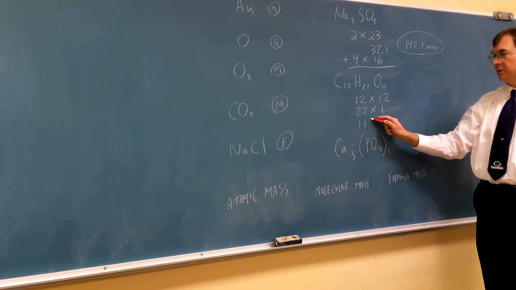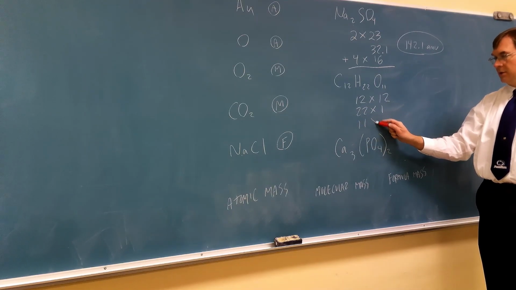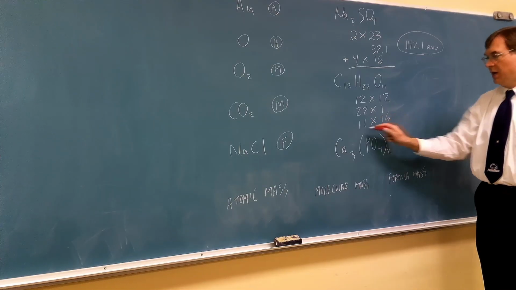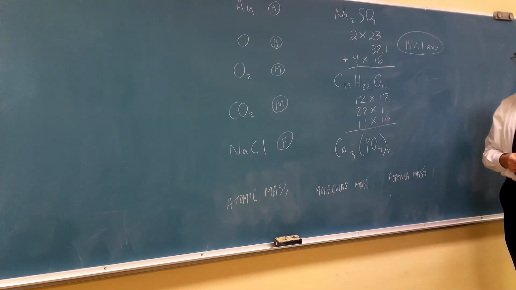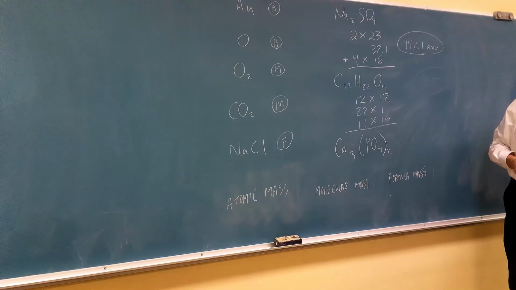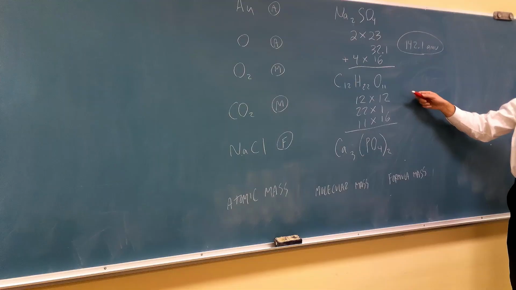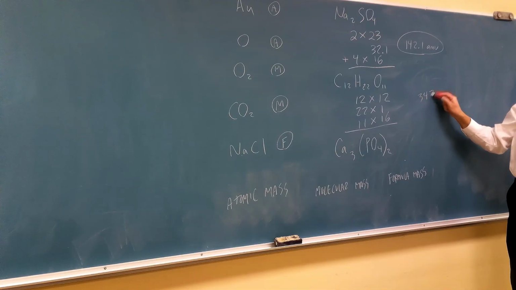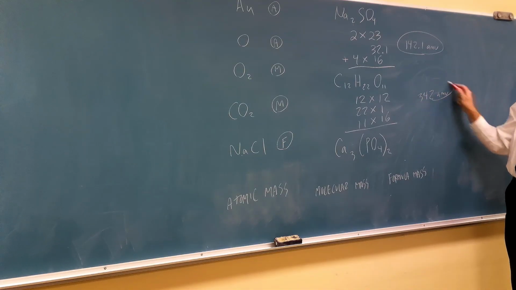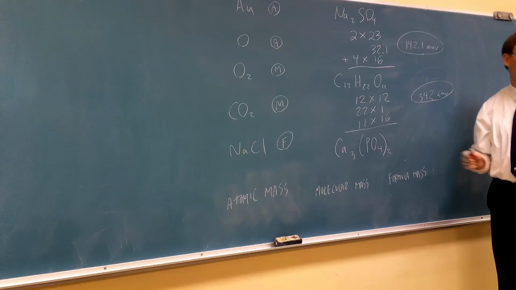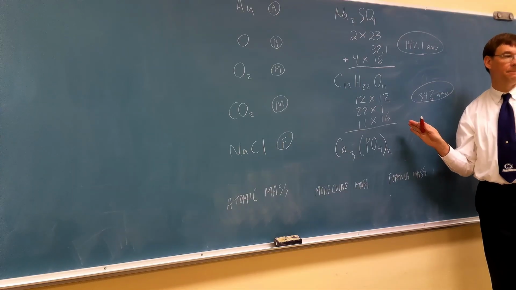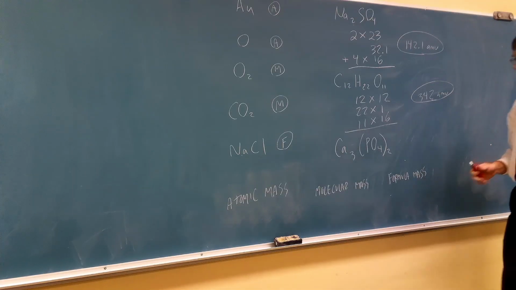Oxygen, there's some number times 16. And if you memorize some of these numbers, it's going to speed up. Math time. 176, 144, 342. One more time. They're all the same.